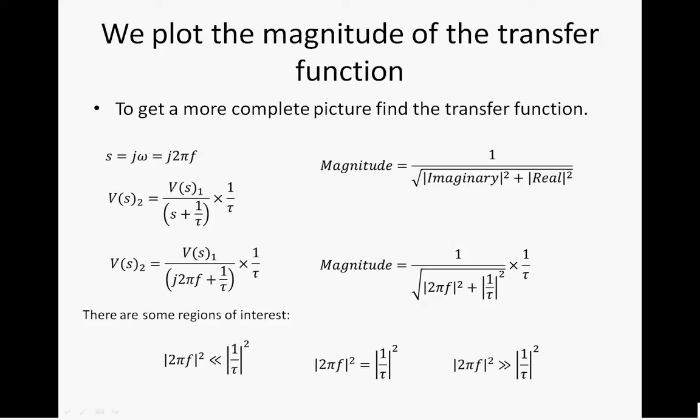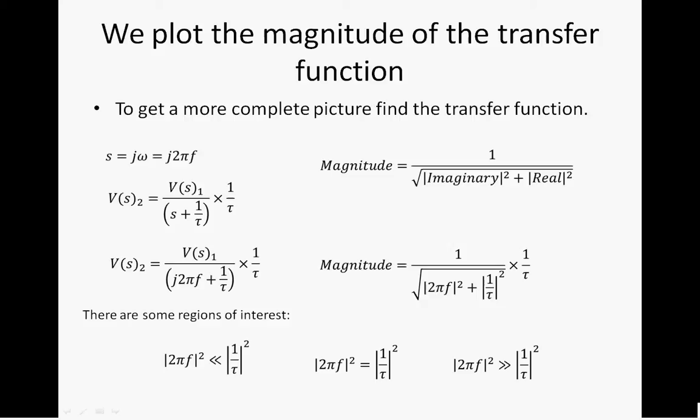Just keep in mind that when we say the imaginary part, we strip out the j, because of course j times j equals minus 1, but like I said, this is just the magnitude, so we just take the imaginary part and we ignore the j.